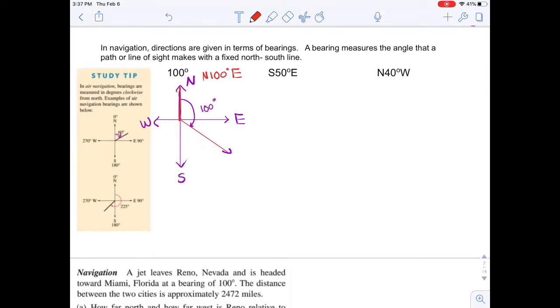So if I look at the next one, I'm going to just draw my north, south, east, west lines. This one says south 50 degrees east. So that's 50 degrees east of south. I'm going to start this one a little bit downwards on my south line.